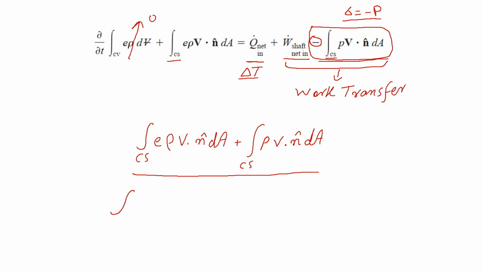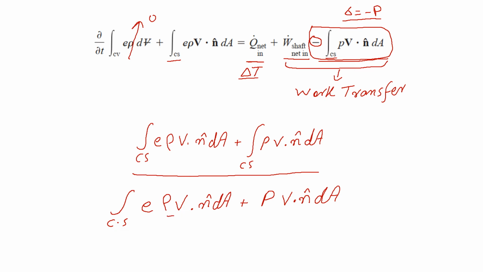So writing a single integral for these terms, we get our intensive property, density, velocity, and unit vector normal representing the direction of the area, plus pressure, velocity, dot, unit vector normal, and differential area. As you can see, we can simplify this more by taking some terms common.